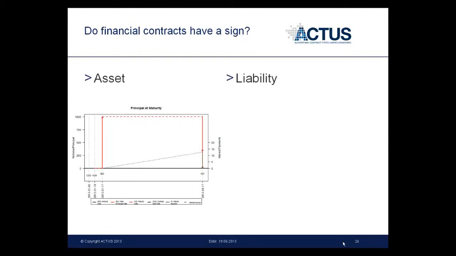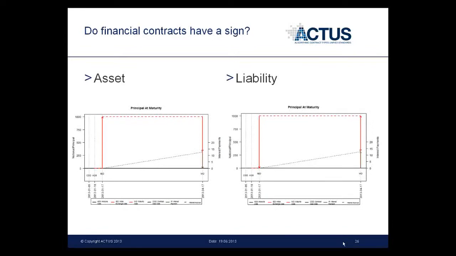That can be seen if we look at the same PAM from the other side, where it represents a liability. We see that the pattern is the same, save for the direction of the cash flows. Having a single sign that makes the job of turning all these cash flows into the right direction is very appealing, and in fact a very elegant solution.